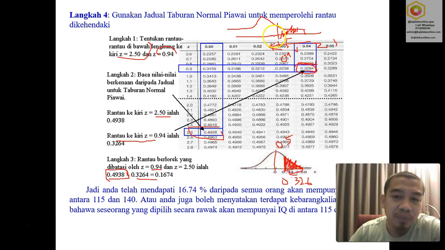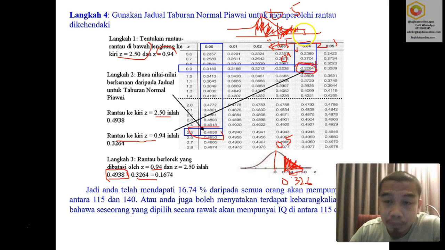So 0.7 is where? 0.7 is here. Is that logical? It's not logical. The area under the curve of 0.7 is not logical to be somewhere here. This one actually is 0.5, so 0.7 indicates that the area under the curve will be on the other side of the data. So it's not right to add.